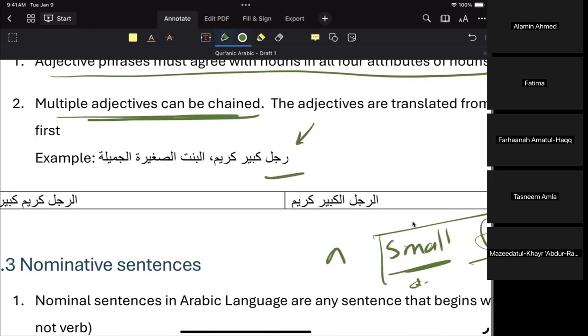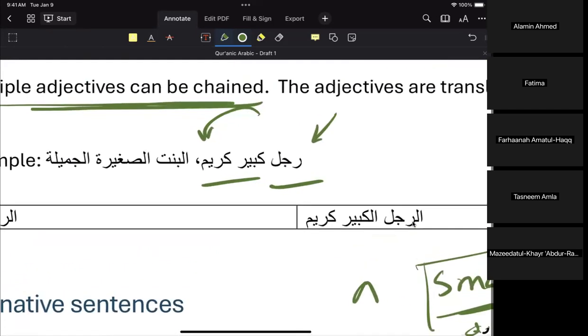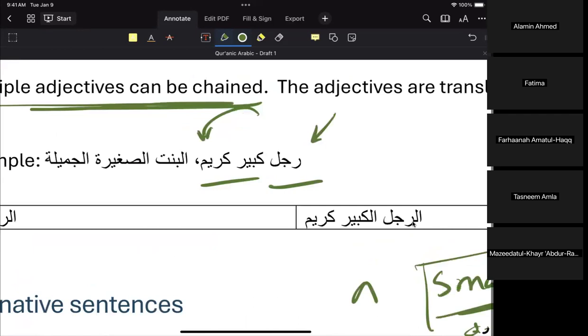You bring the noun first, and then you write in an order, because when we translate, we'll read the last one first. So when you say rajulun kabirun karimun, we read in English, when you translate, we read from the back. So you read the Karim first, then you read the Kabir.